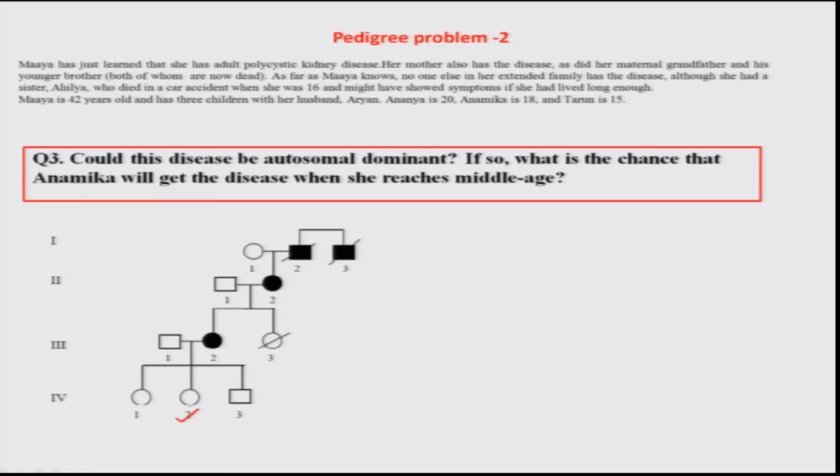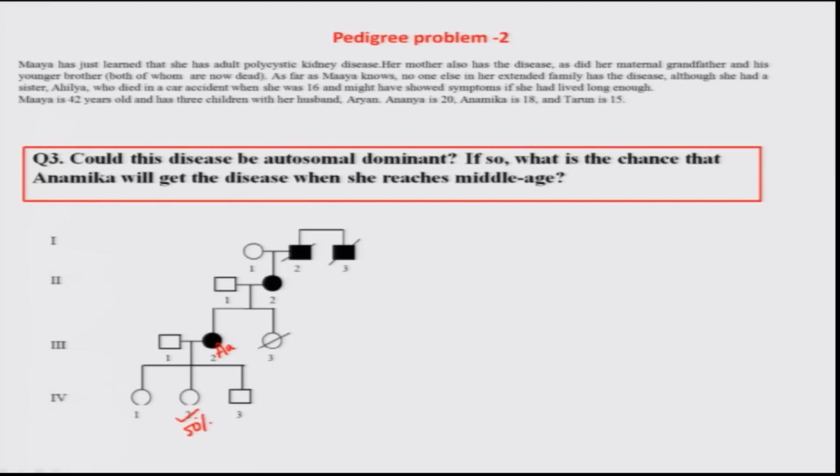Now, what is the chance that Anamika will get the disease when she reaches middle age? Anamika's mother Maya, at the age of 42, has developed the disease. So her genotype must be, if we denote capital A and small a, Aa. Then Anamika would have a 50% chance, as one of the gametes will be coming from Maya.